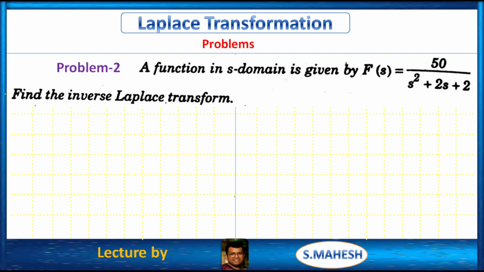Okay, next we will do this. A function in s domain is given by F of s equals 50 by s square plus 2s plus 2. Then we can calculate the inverse Laplace transformation. For this, I can provide the procedure of partial fraction.